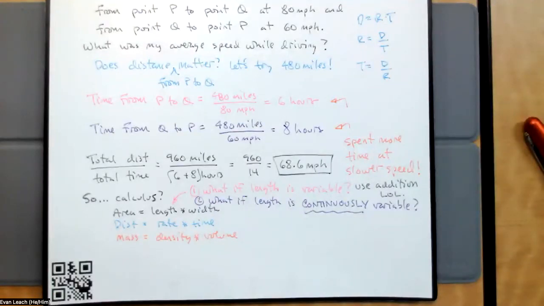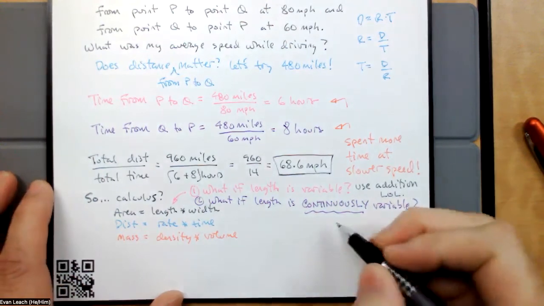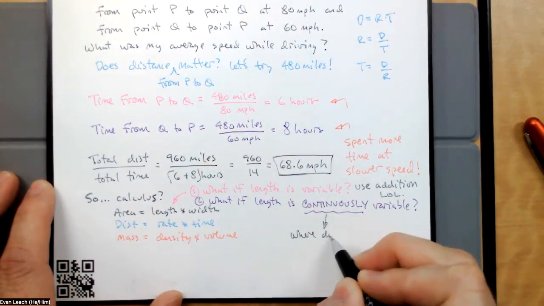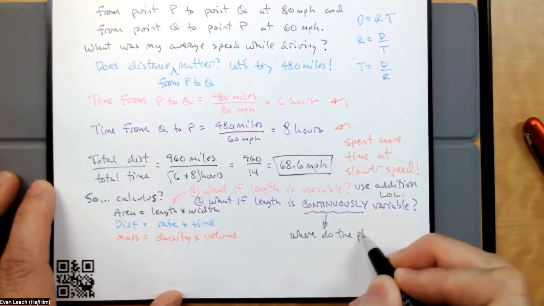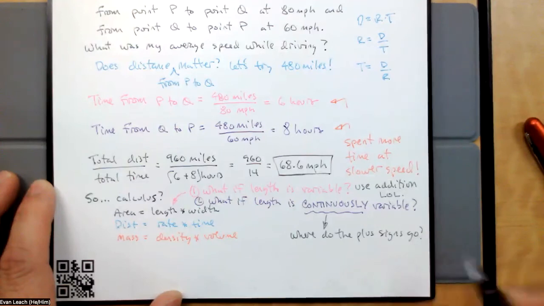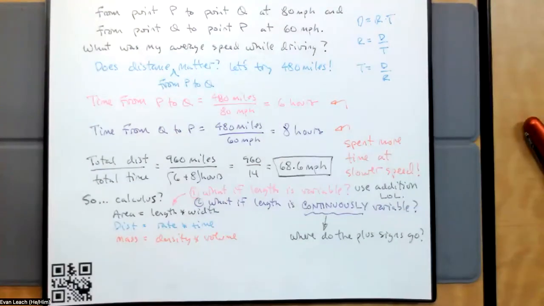The problem arises if the length is continuously variable. Because now the question is, where do we put the plus signs? If the length is continuously variable, now we're going to have to reframe how we think of addition.